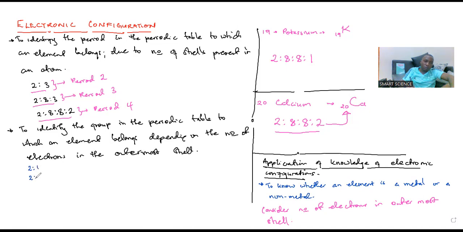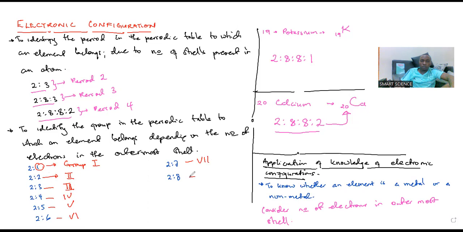2,1; 2,2; 2,3; 2,4; 2,5; 2,6; 2,7; 2,8. If I come to classify the groups to which each element belongs, 1 electron in the outermost shell, you belong to group 1. 2 electrons in the outermost shell is group 2. 3 electrons, you belong to group 3. 4 electrons in the outermost shell, that is group 4. 5, you belong to group 5. 6, you belong to group 6.